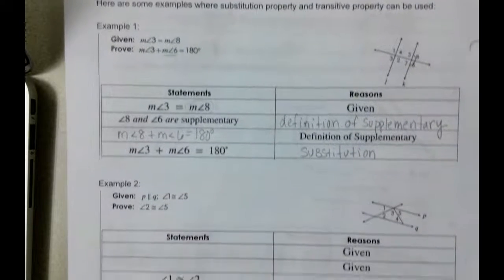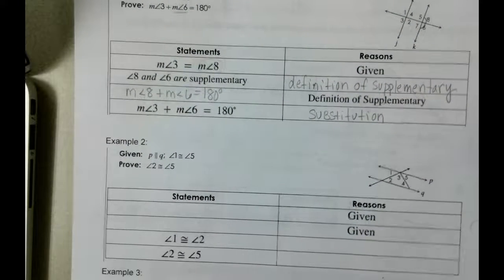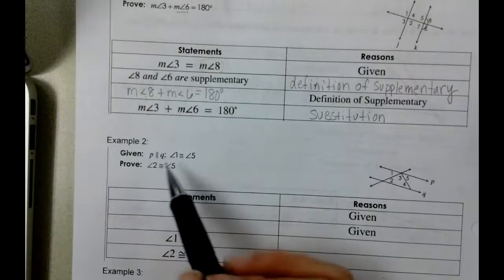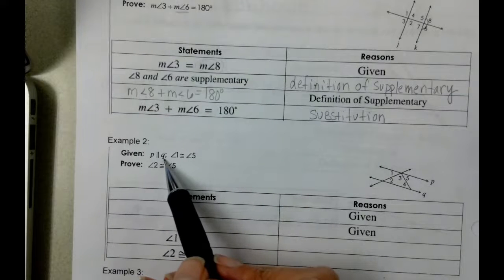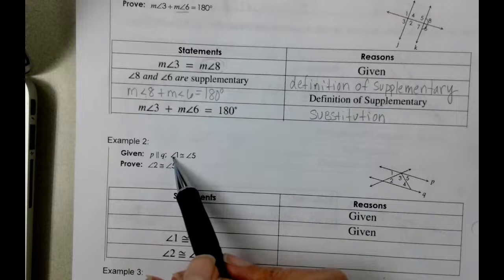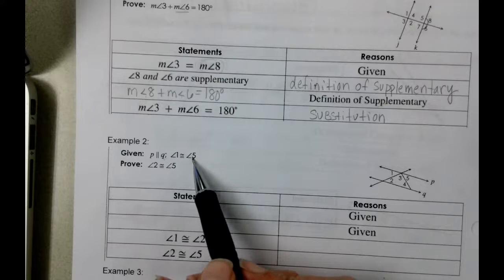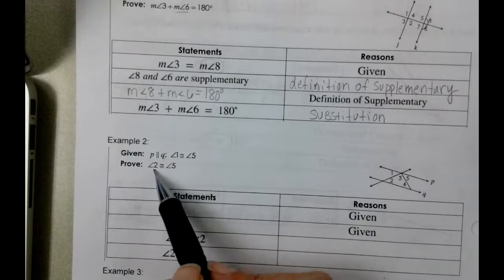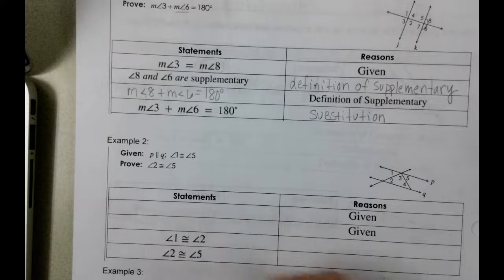As we take a look at problem number 2, P is parallel to Q, angle 1 is congruent to angle 5, and we want to prove that angle 2 is congruent to angle 5. And the nice thing is, the first two reasons are given to us.